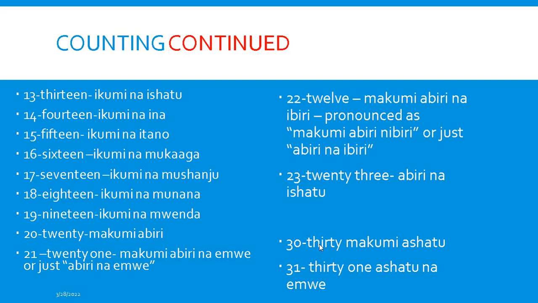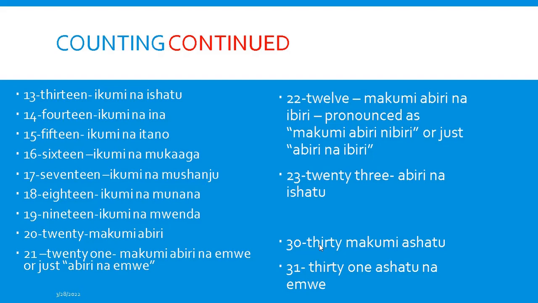We got 23, you can call it abiri na ishatu. You notice we are adding 20 plus the corresponding digit, that is from 1 to 9.